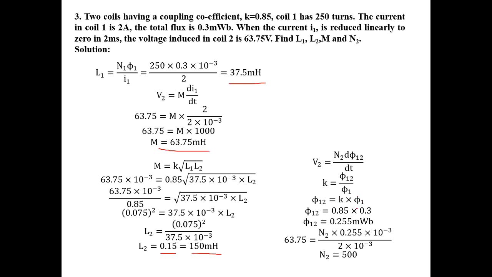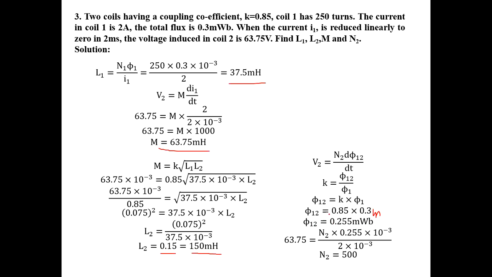Just substitute the values. Here the total flux is 0.3 milliweber. So 0.85, the K value, into phi 1 value 0.3 milliweber. Substitute the values and we got the answer 0.255 milliweber.